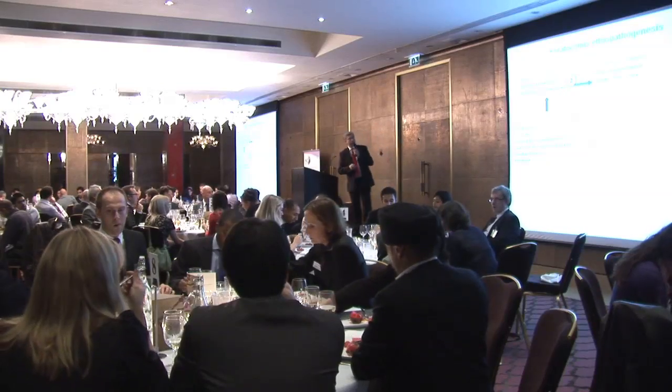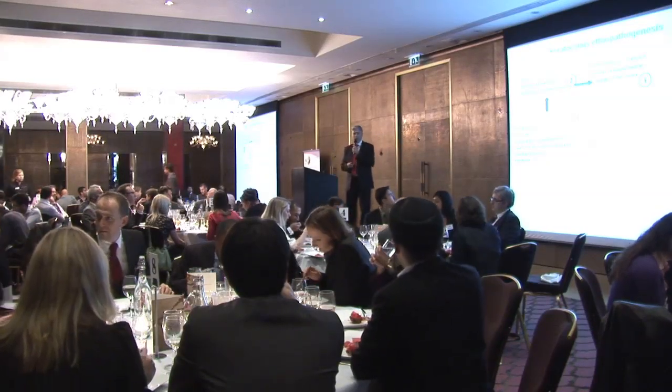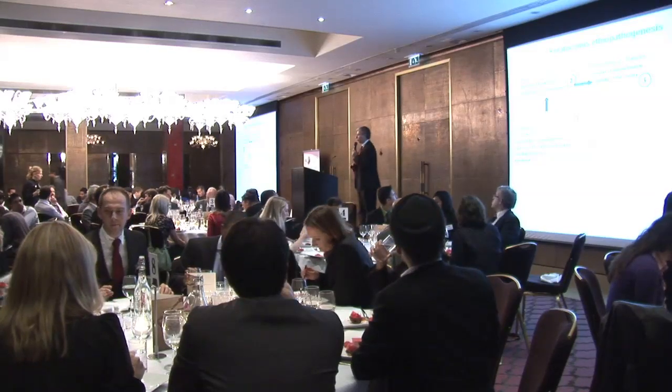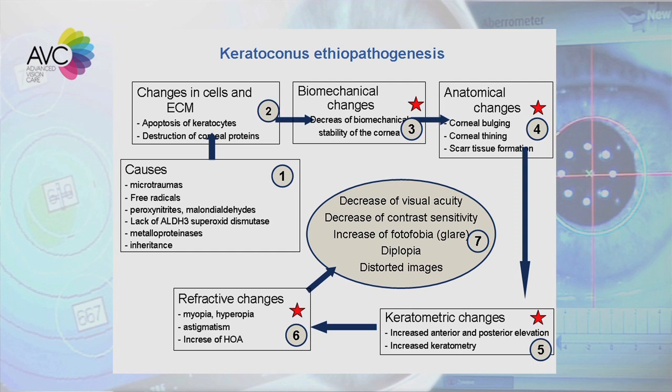Then we know that there are biomechanical changes in the cornea. We know that there is a decrease of biomechanical stability, and then we know that there are anatomical changes: corneal bulging, thinning, corneal scar formation.